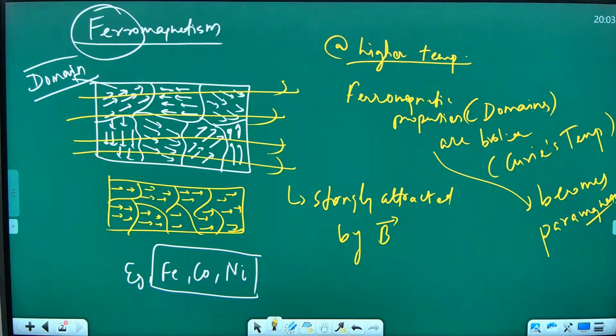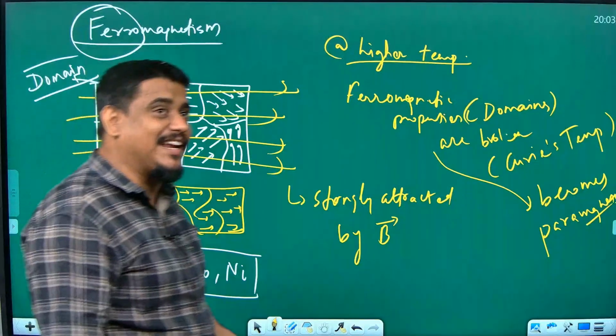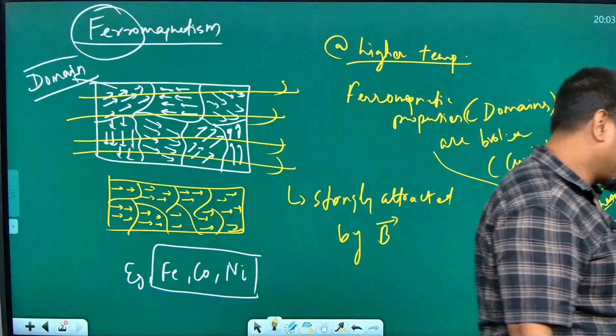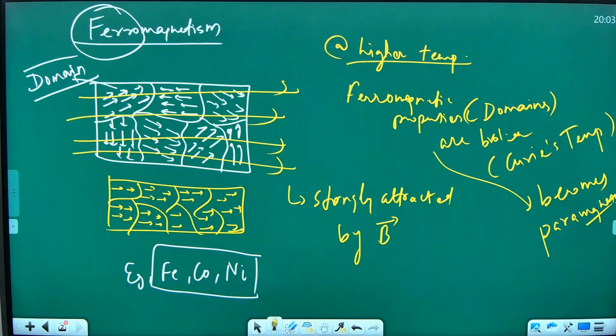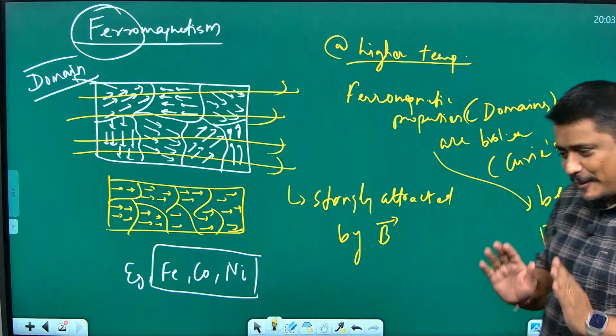Sir, I want to ask something. Sir, in case of diamagnetism, you said it is weakly repelled. So can that also be called strongly attracted? So you think that weakly repelled means strongly attracted? It's not a truth table. Weakly repelled means weakly repelled only.